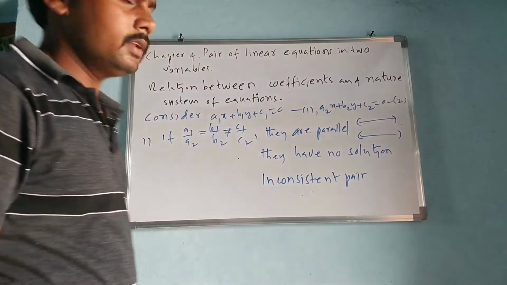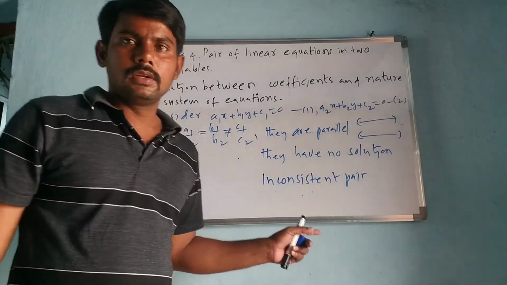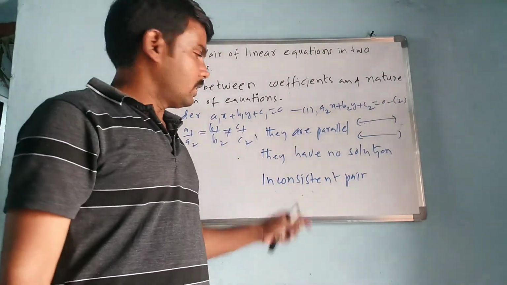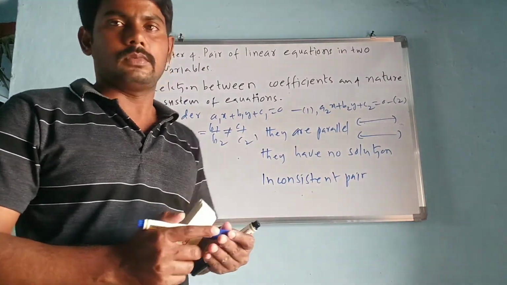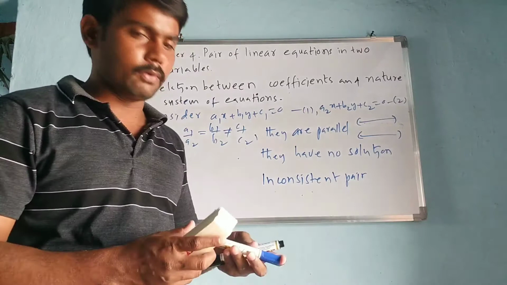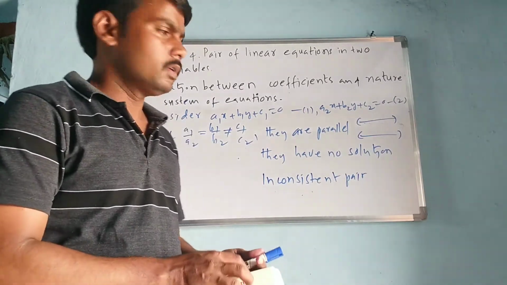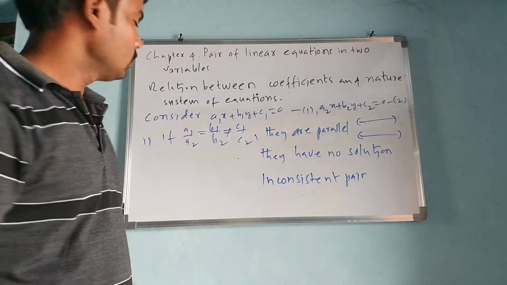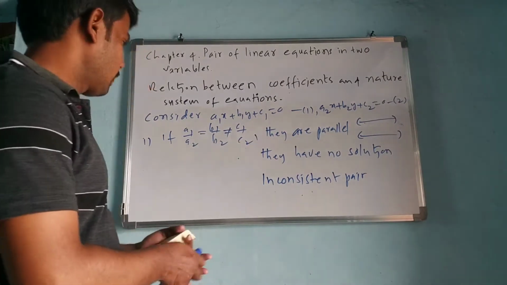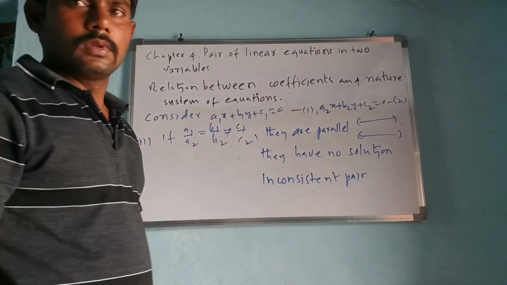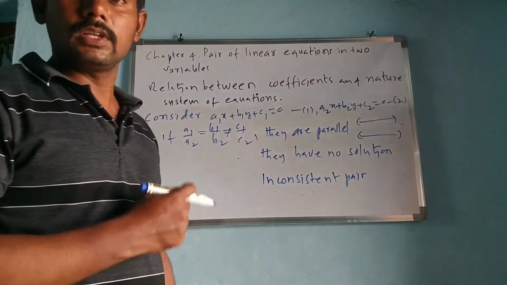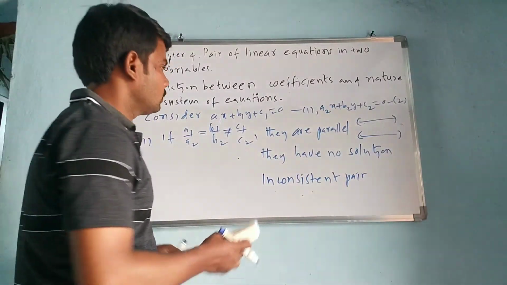Otherwise, the two lines are said to be inconsistent if they have no solution. And this is the second relation between coefficients. So let us go to the third relation between coefficients.